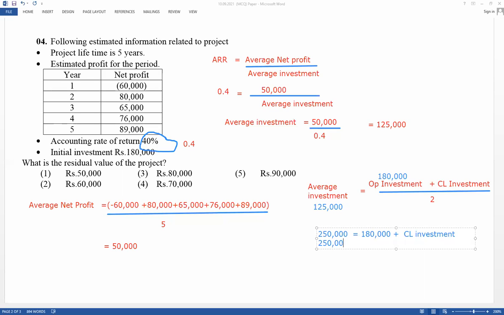Therefore, 250,000 minus 180,000 equals the closing investment. Closing investment equals residual value. So the residual value equals 70,000. That is the closing investment.